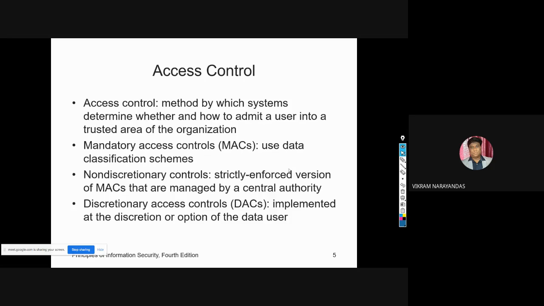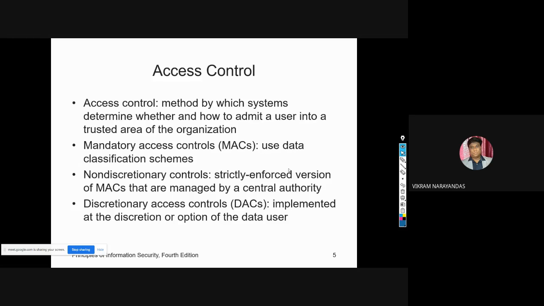So we have some access control. Who can access this particular system here? So some access mechanisms are there, methods by which systems determine whether and how to admit the user into the trusted area of your organization.